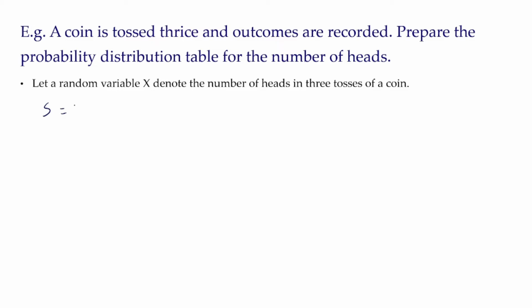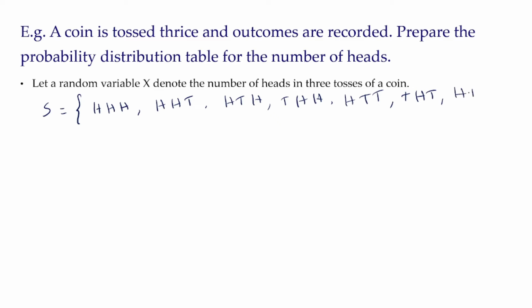The sample space is given by: HHH, HHT, HTH, THH, HTT, THT, TTH, or TTT. So these are the various outcomes of this experiment.